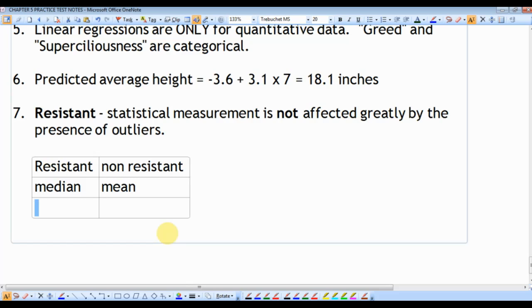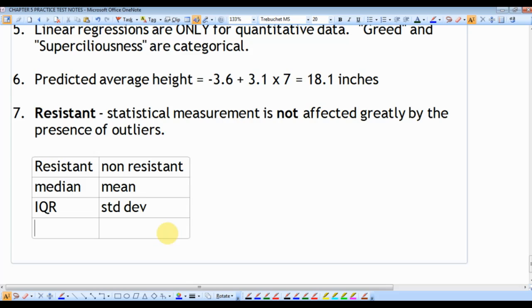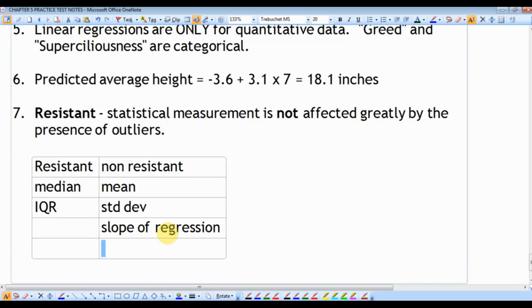What else is not resistant? Correlation. What about the X and Y values? X and Y values aren't statistical measurements. They're data. So what about slope? Slope is not resistant. Correlation is not resistant.